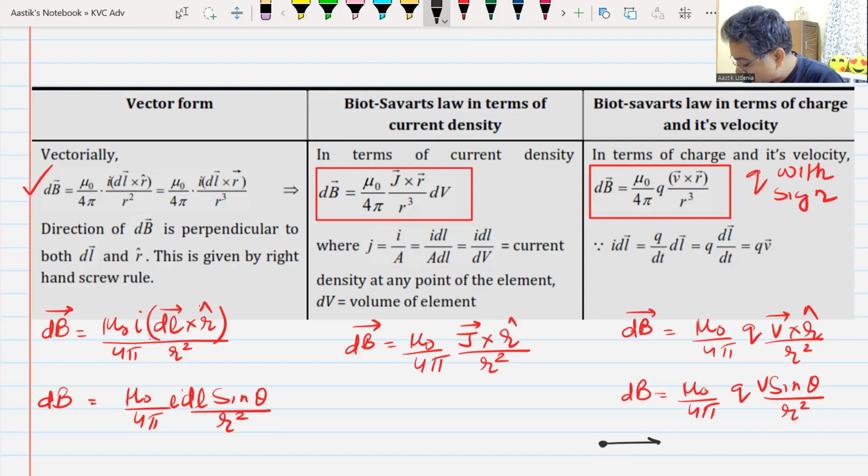What is this theta? Theta is the angle between velocity vector and r vector.